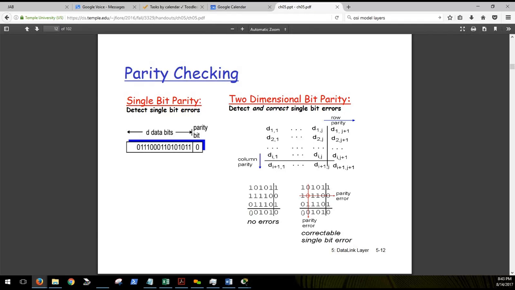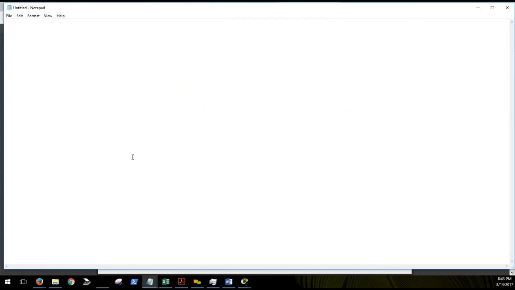Let's work through an example. We're going to be using odd parity. You have to decide whether you're using odd or even, or find out from the system what it uses. It's typically one or the other. It can't be both.